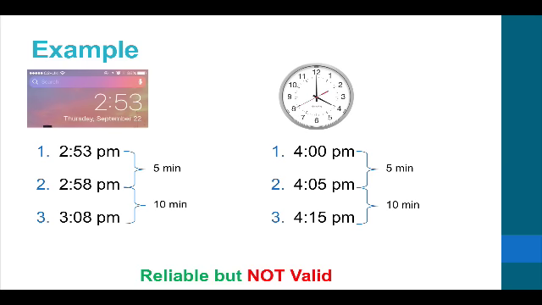In this case, the clock on the wall is reliable, but it's not valid. It's reliable because it's giving you a consistent output. So compared to your smartphone, it is telling you the same amount of time has passed. But it's not valid because the time the clock on the wall is giving you does not match up with the time on your smartphone, which you probably trust more anyway since it is connected to the internet.